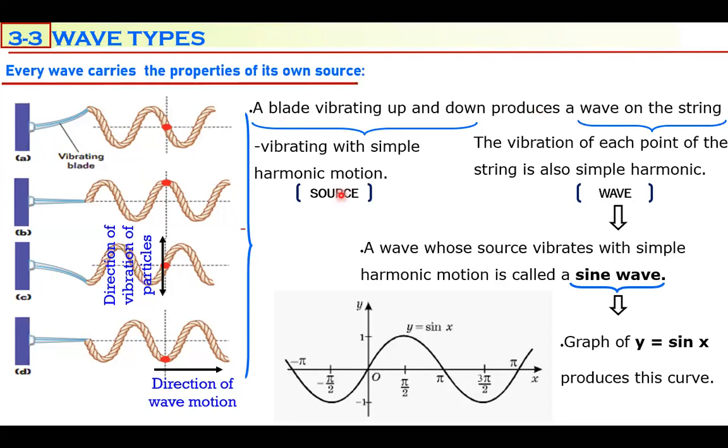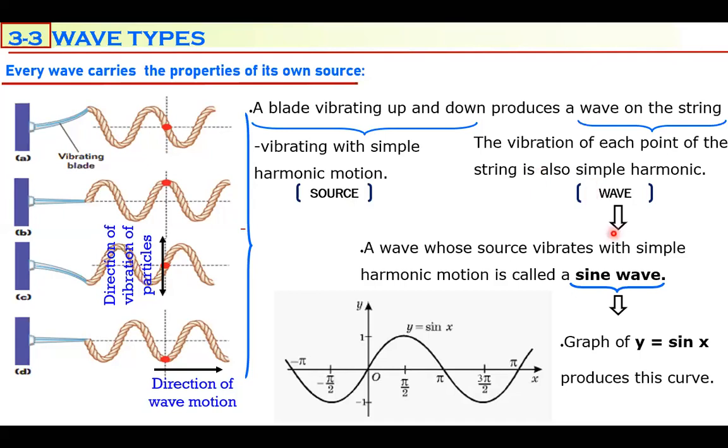Because the blade is vibrating with simple harmonic motion, the vibration of each point on the string is also simple harmonic, because the blade is the source. So the wave must have the same property of the source. So if the blade is vibrating with simple harmonic motion up and down, every point on this rope will also vibrate with simple harmonic motion.